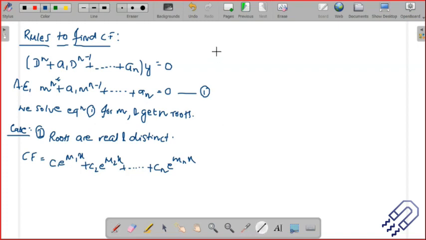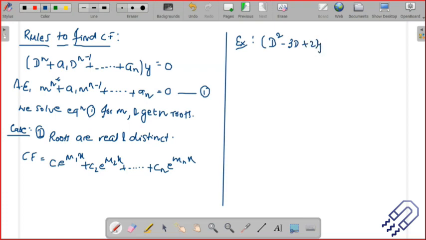Let me just take a value here and give you an example. So suppose you are doing a problem, you are doing a numerical. Okay, and then you have reached at this stage where you can actually write down the form of the capital D. So D^2 minus 3D plus 2, let's say, okay, into y is equal to 0. So you have this equation.